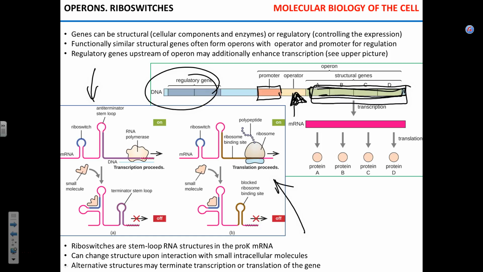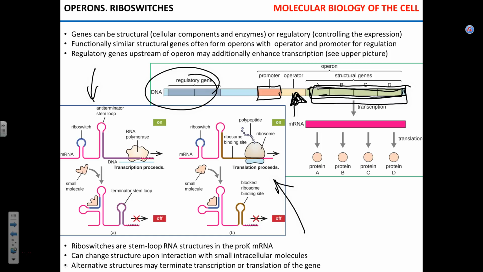Operons and riboswitches, are there any specific situations they're used in? This is just general. Those are two basic mechanisms of regulation. For a specific trait, they may or may not be present.